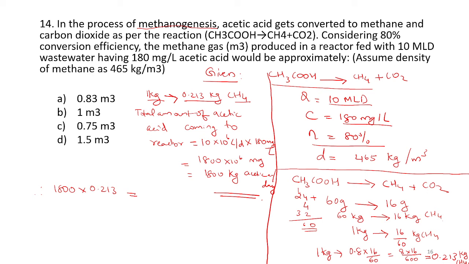However, it is asked to find the methane gas produced in meter cube. For that, the density of methane is given as 465 kg of methane per meter cube. So in order to get the methane in meter cube, you have to divide by density.